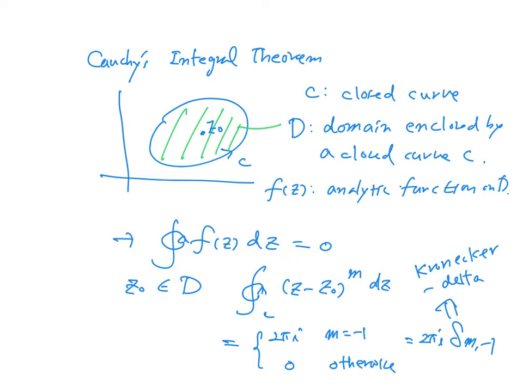So this is actually a very powerful theorem, and I have shown some examples about doing cosine and sine integrals over 2 pi. Another example can be very simple.